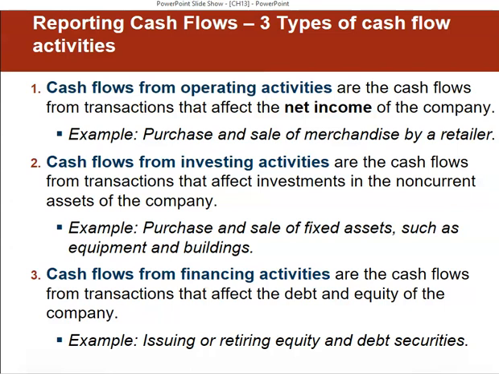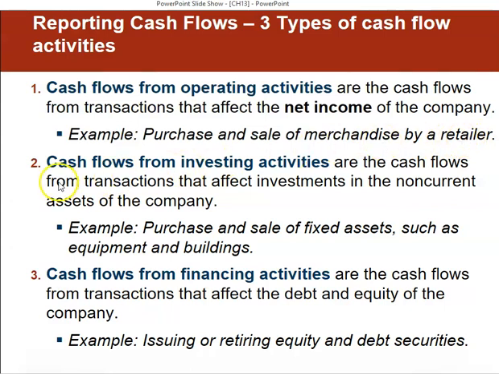Okay, and that's kind of what it says here. Cash flows from operating activities are the cash flows from transactions that impact net income for that company, regular transactions. So purchasing inventory and then the sale of that inventory as merchandise by a retailer is an example.